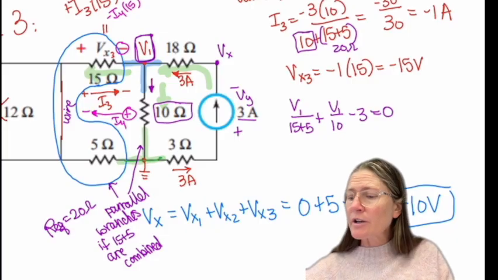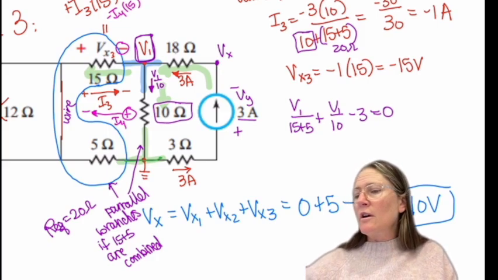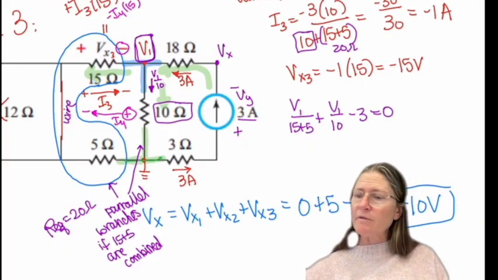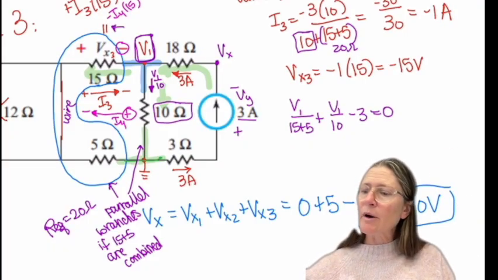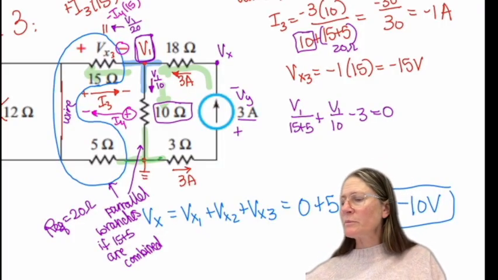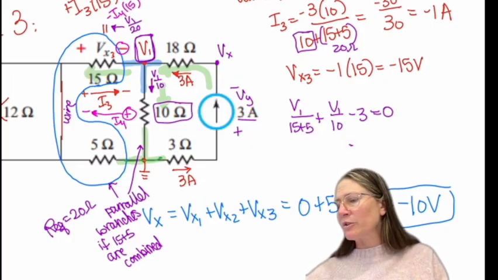The current in here is going to be V1 over 10. And the current going through the 15 and the 5 going out will be V1 over 20. And so V1 over 20 plus V1 over 10 minus 3 equals 0.